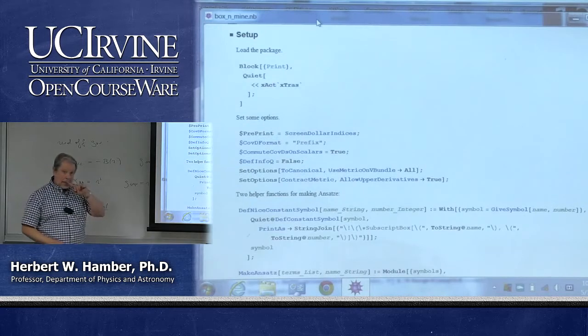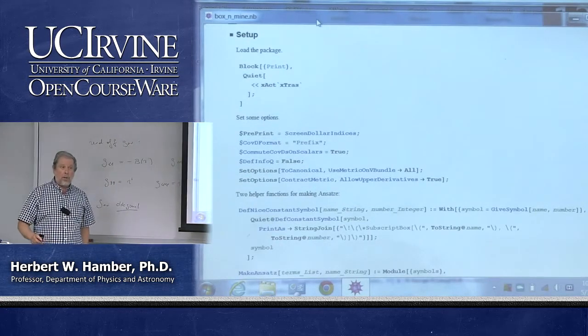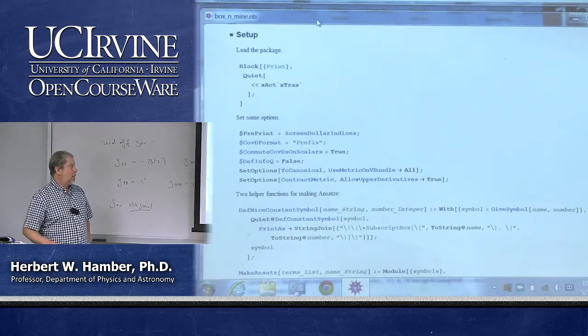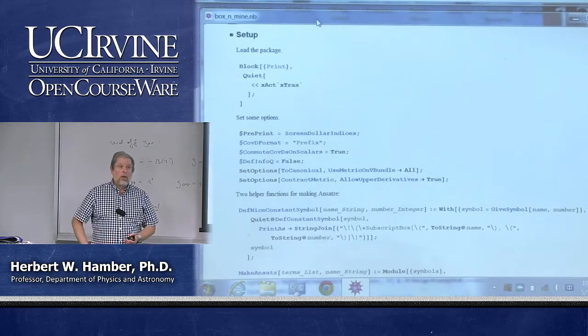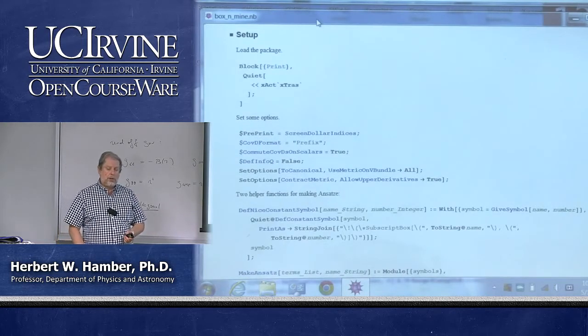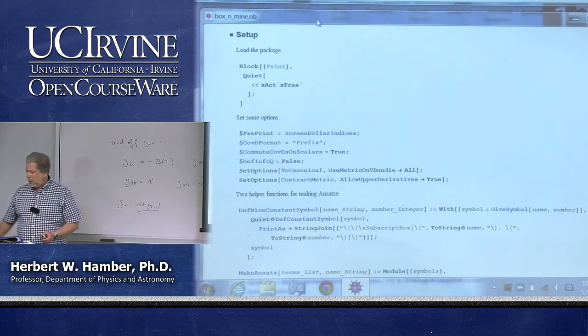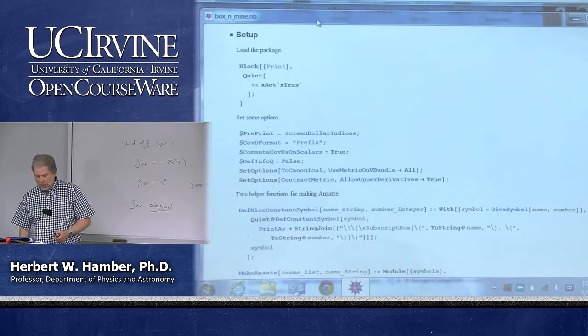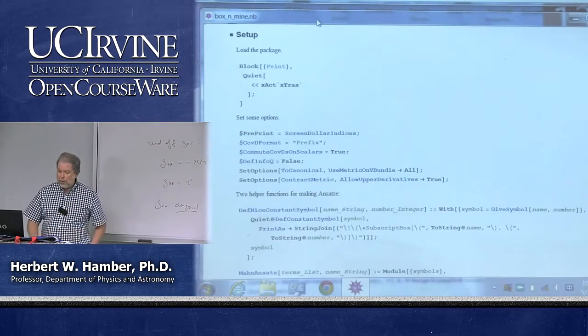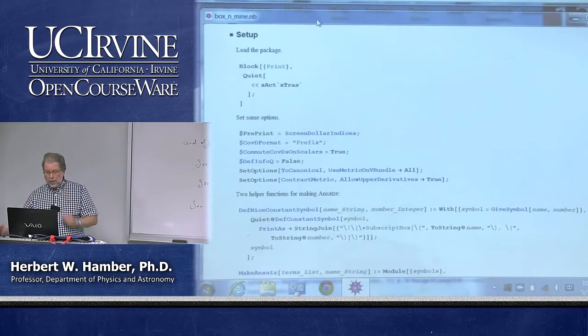It runs on top of Mathematica and is explicitly designed to do the kind of algebra that you need in GR, in quantum gravity, as well as supergravity, and problems where you encounter a significant amount of algebra that you don't want to do by hand because the likelihood of making a mistake is very high.